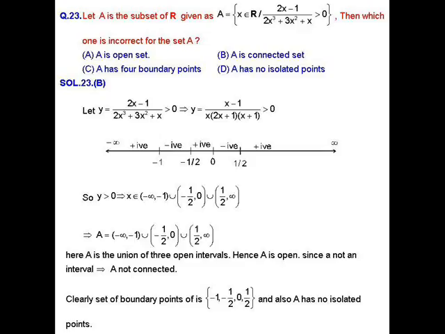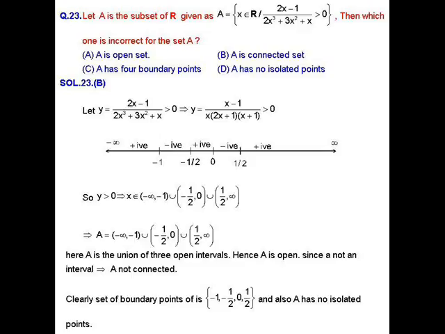Now in y, the numerator part changes its sign around 1 by 2, while the denominator part changes its sign around 0, around minus 1 by 2, around minus 1. So by using the real line, we'll observe the sign of y. Firstly we'll plot all the points on the real line, that is minus 1, minus 1 by 2, 0 and 1 by 2.